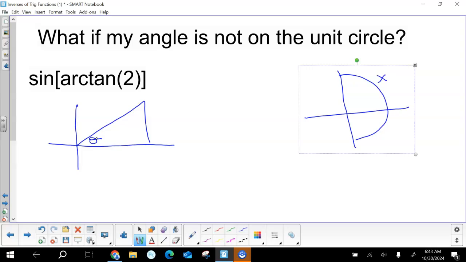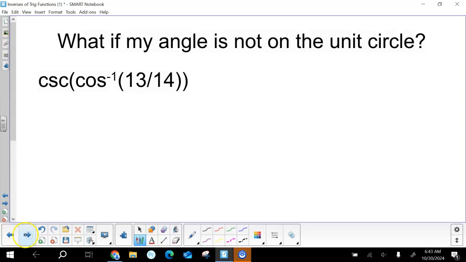So tangent is opposite over adjacent. Pythagorean theorem makes this the square root of 5. So what is the sine of this triangle? Sine is opposite over hypotenuse. So I've drawn my triangle, and I'd rationalize, which would give me 2 square roots of 5 over 5.